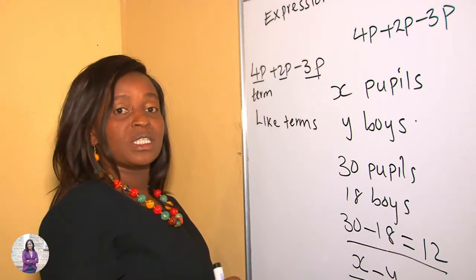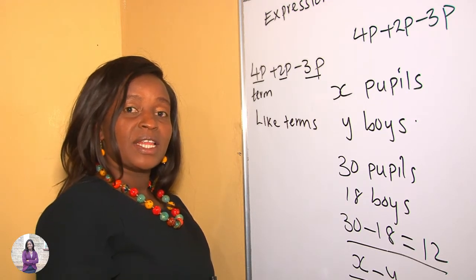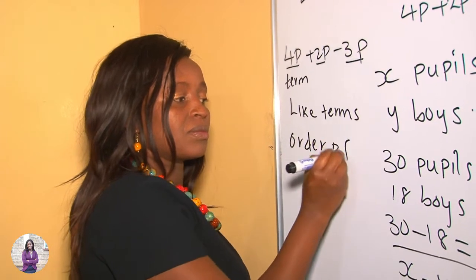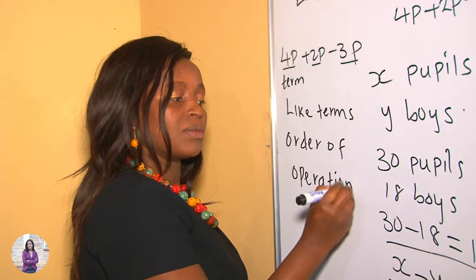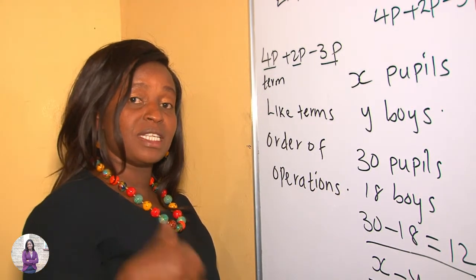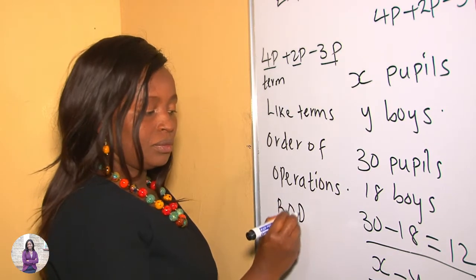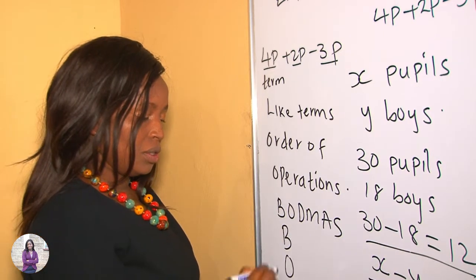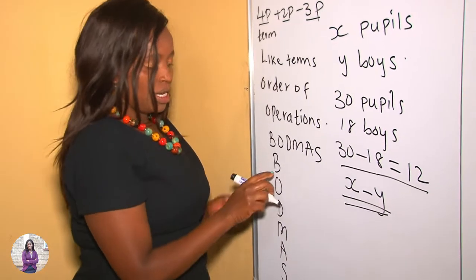Something else to consider when simplifying algebraic expressions is the order of operations. The order of operations, as we've done previously, is represented by BODMAS, B, O, D, M, A, S.